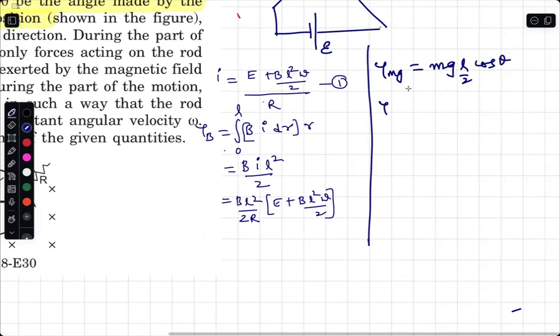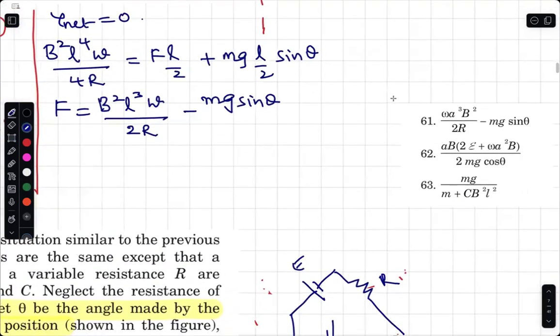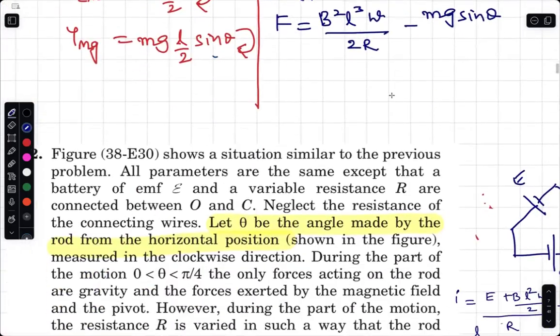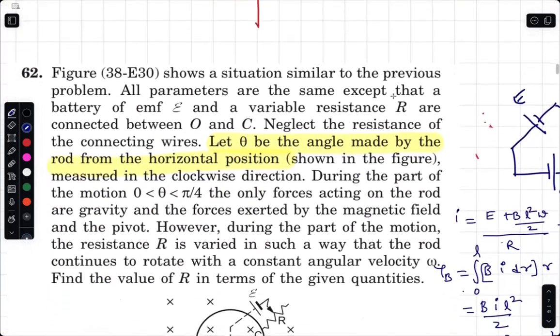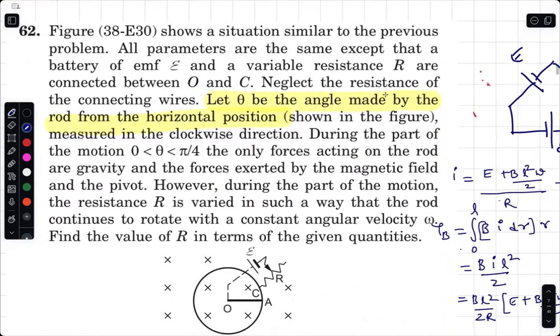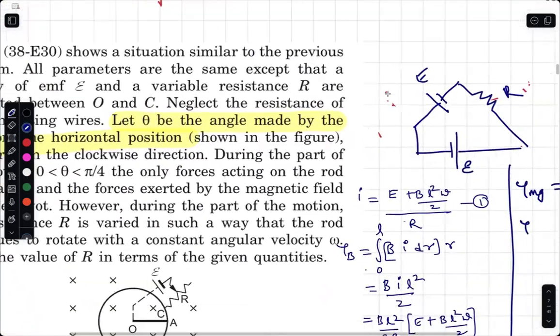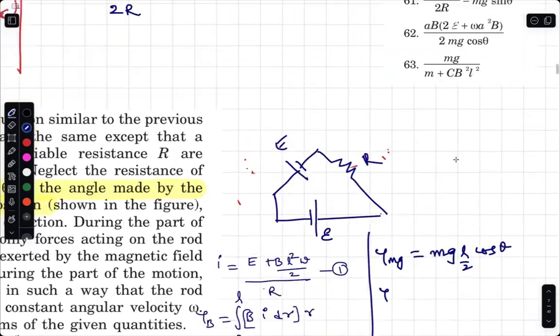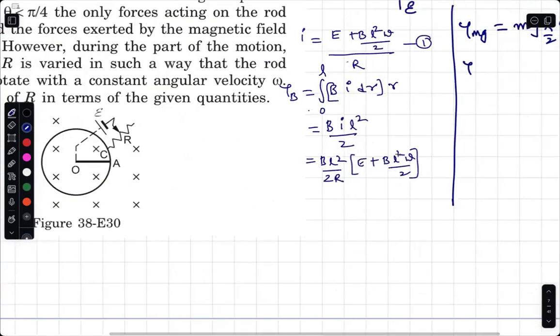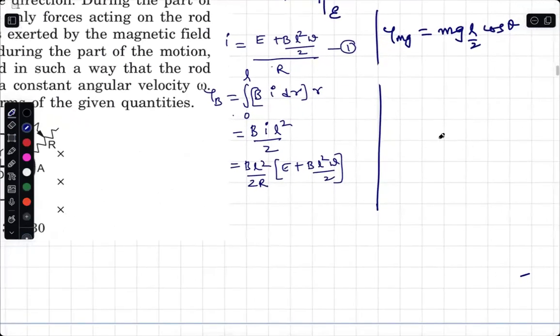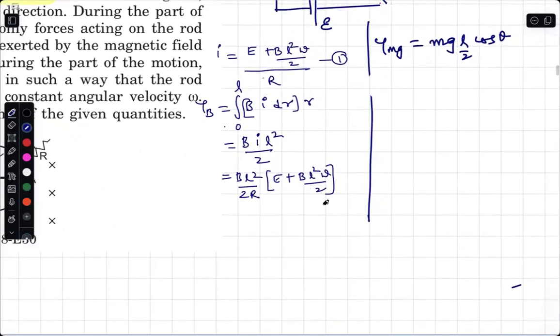Tau of external force. Is there external force now this time? No, there is no external force. And there is no F term involved. That's all. Only these two forces. Done. No external force involved. Now, this is in which direction? This torque is in anti-clockwise. This is in clockwise. So, net 0.